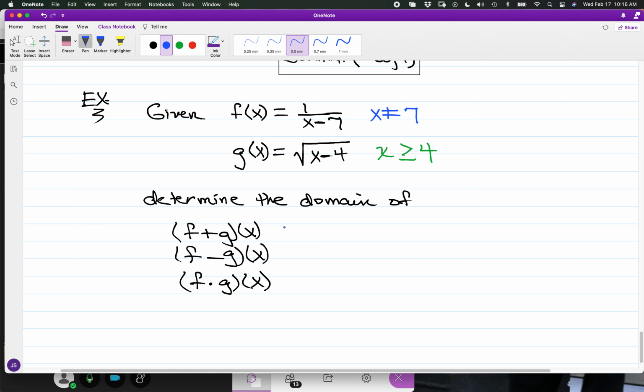So for the sum, the difference, and the product functions, we're going to have the same restrictions. And this is going to be combined with x is greater than or equal to 4.